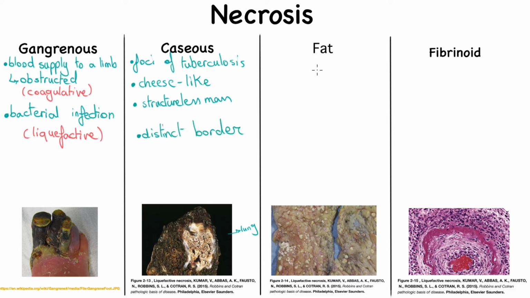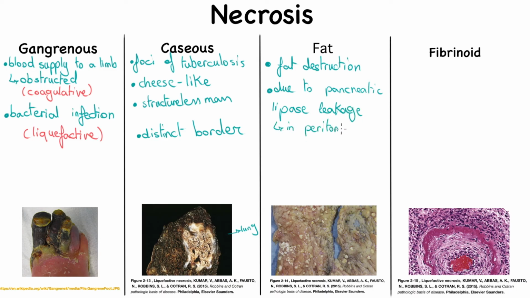Okay, moving on to the fat necrosis. This term refers to the focal areas of fat destruction, which is usually a result of leakage of lipases from acinar cells of the pancreas into the peritoneal cavity. This happens in acute pancreatitis.